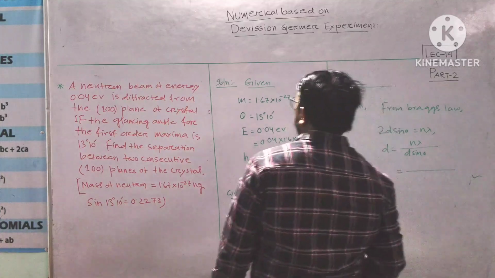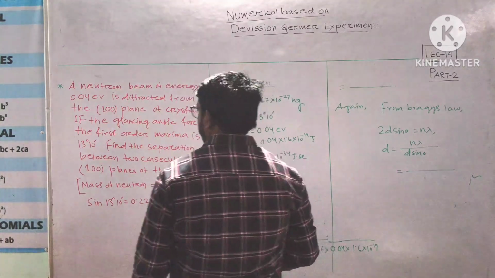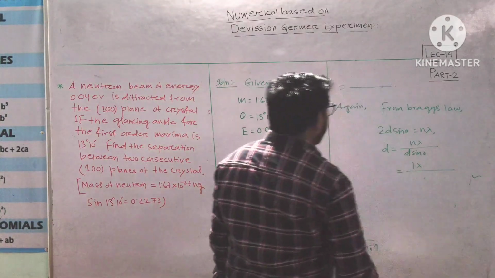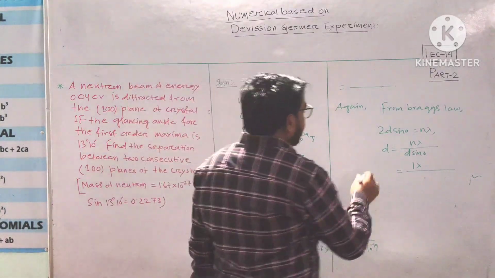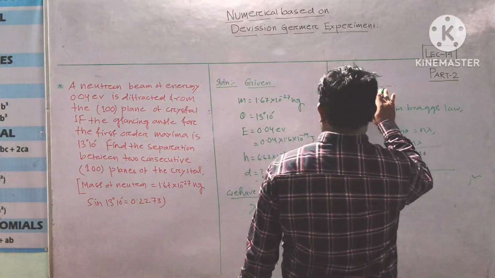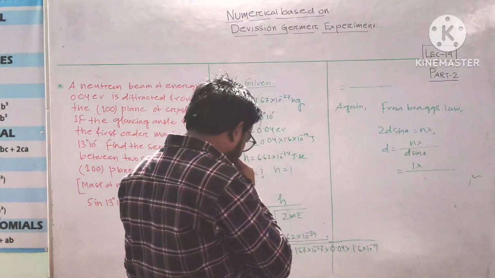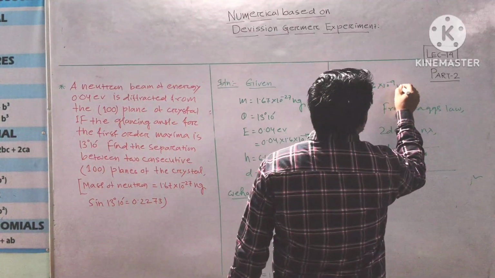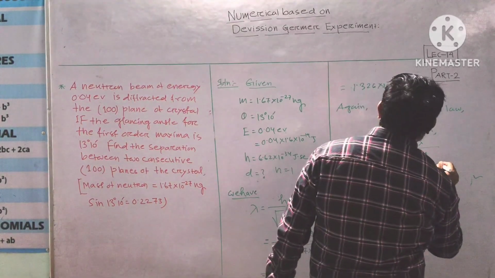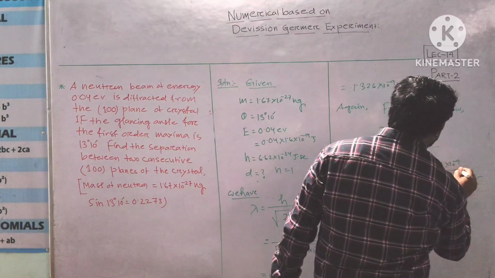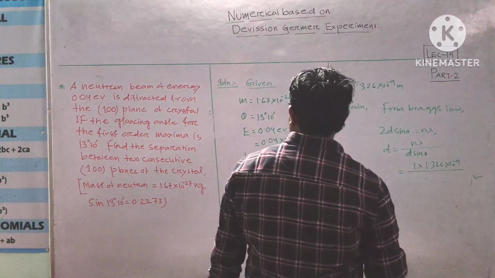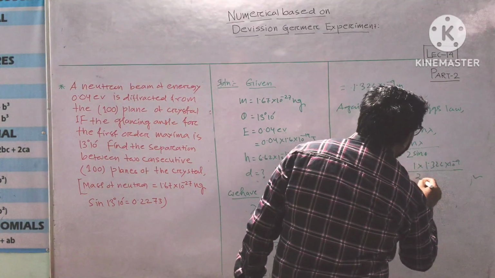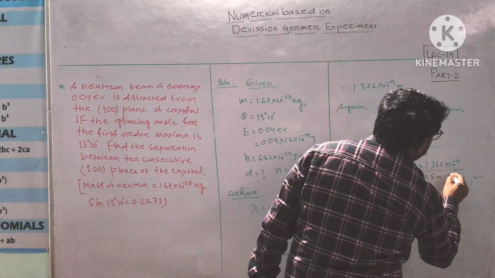The value of n equal 1, first order. So the value of lambda equal 1.326 into 10 to the power minus 9 meter, and the value of d equal n lambda divided by 2 sin theta, 2 into sin 13 degree 10 minute.